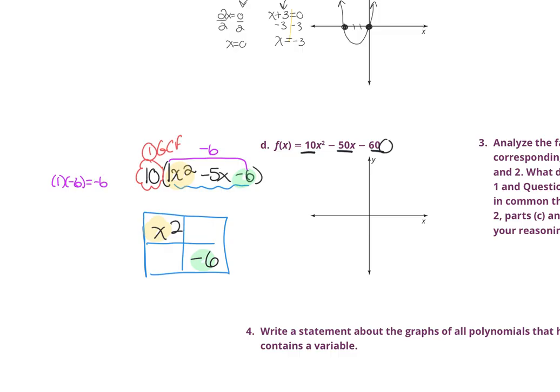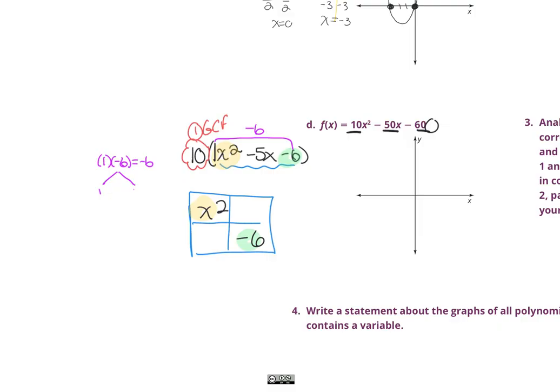I'm not going to look at the negative for a second. I'm just going to write down the factors that make 6. 6 is a 1 and a 6, or a 2 and a 3, and then I stop. Because if I write 3 and 2 here, this pair would be the same as that one. So I don't need that. So I have all of my pairs right there.